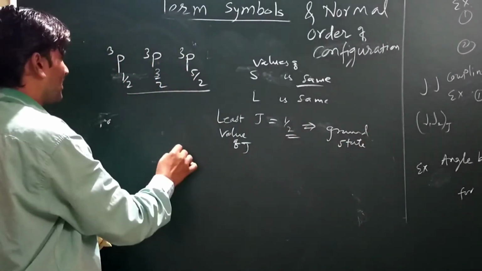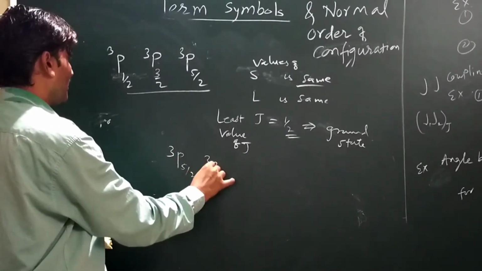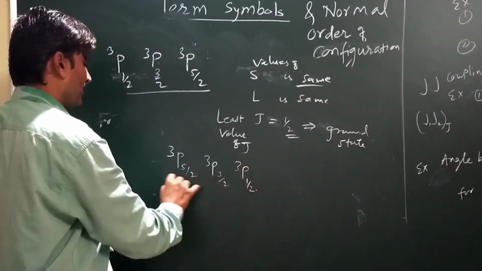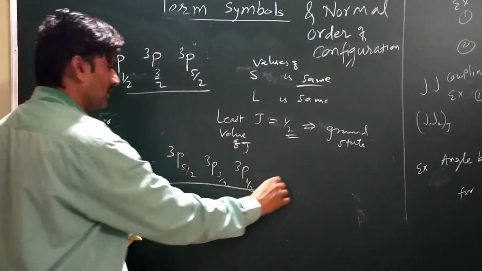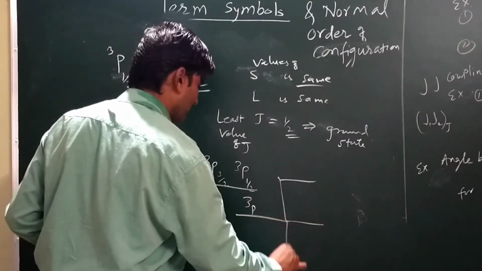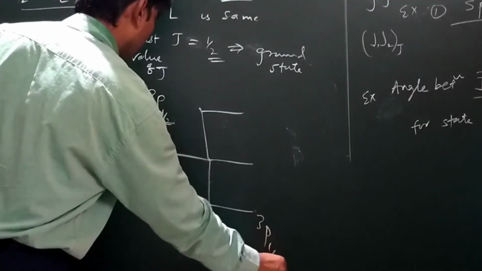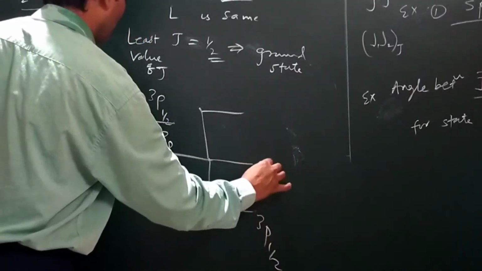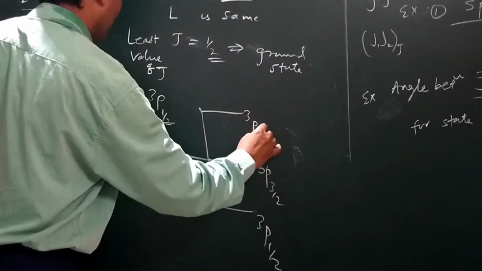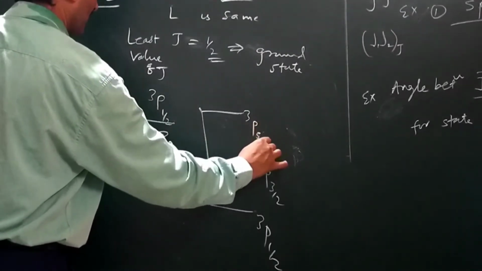So the terms can be written as 3P 1/2, 3P 3/2 and 3P 5/2. On the energy level, for the 3P state, 3P 1/2 is the ground state, then 3P 3/2, and then 5/2.